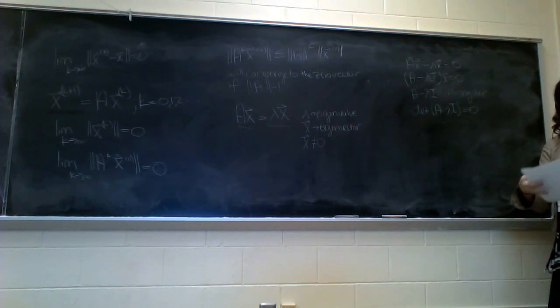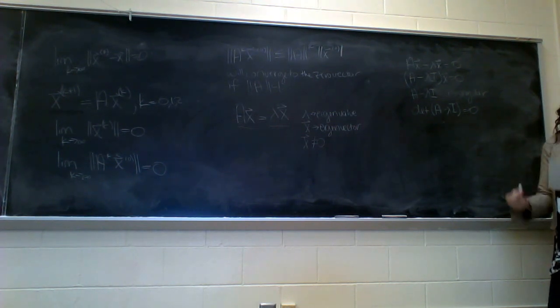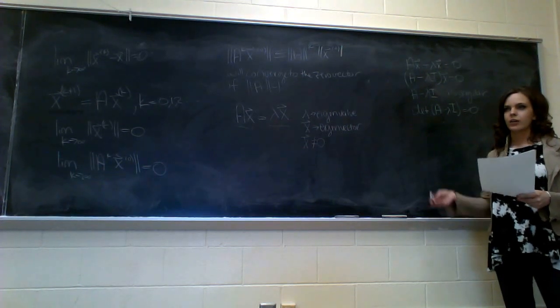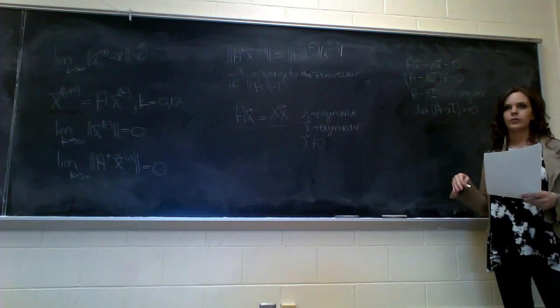This equation is a polynomial in lambda, called the characteristic polynomial, and it's how we find eigenvalues analytically, but not how we would do that numerically.